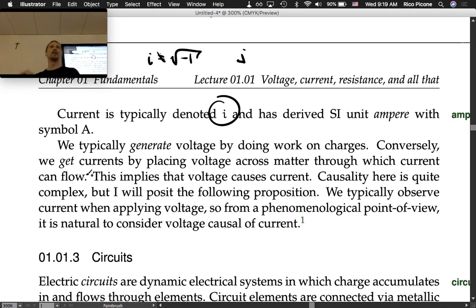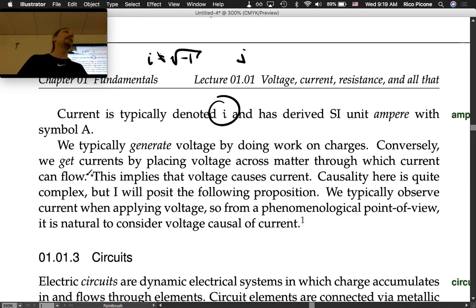This is the sort of way that we typically think about it. The voltage, you put it across something and it flows current through that. Causality here is actually quite complex, but I will posit the following proposition. We typically observe current when applying voltage. So from a phenomenological point of view, it is natural to consider voltage causal of current.